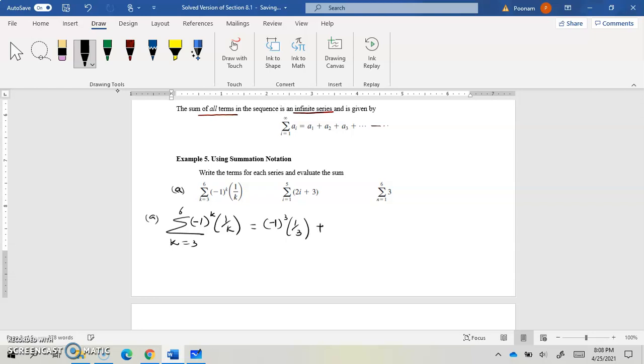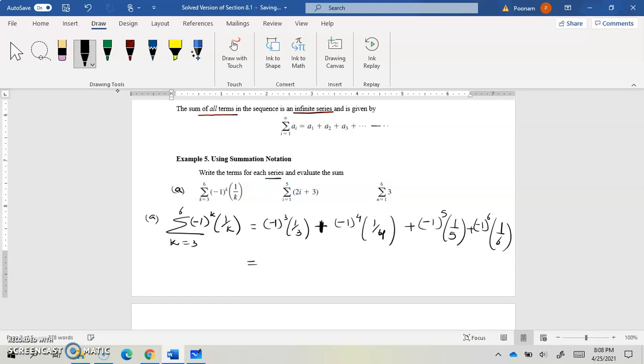Then k becomes 4 and you add on the terms. So series means it's a sum, and sigma also means it's a sum. Negative 1 raised to power 4, 1 by 4, plus negative 1 raised to power 5, 1 by 5, plus negative 1 raised to power 6, 1 by 6.